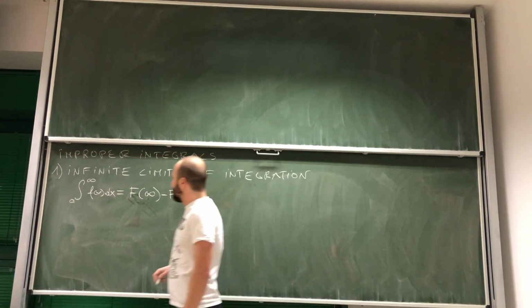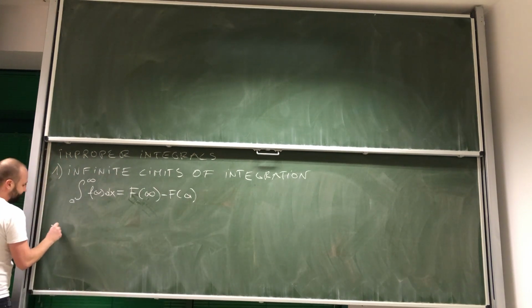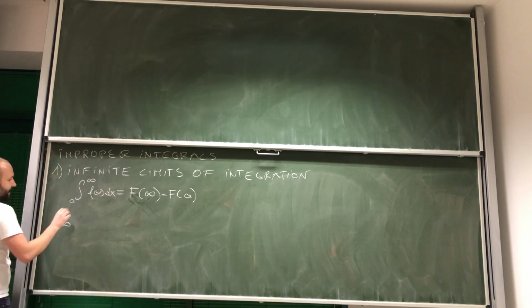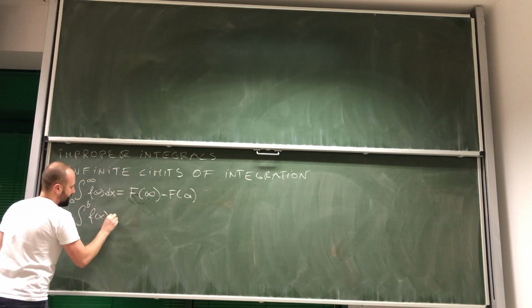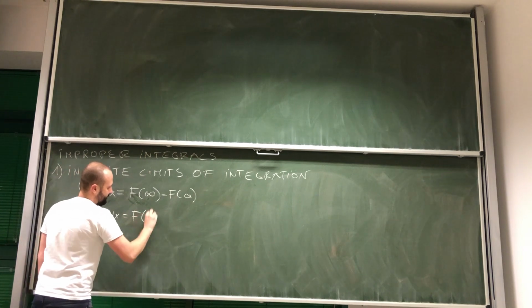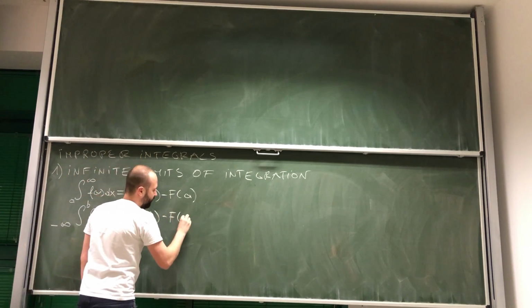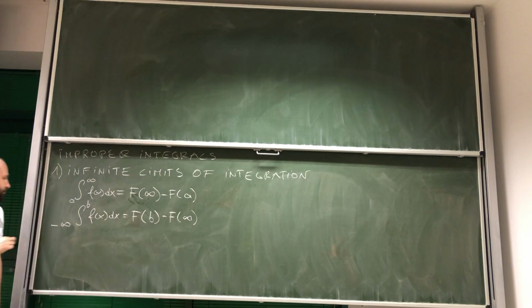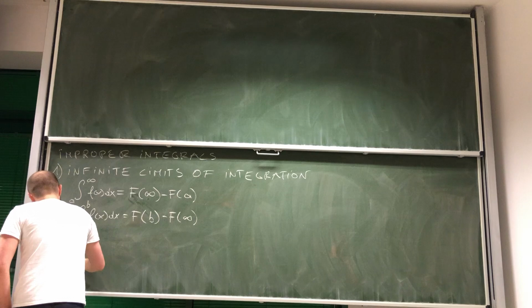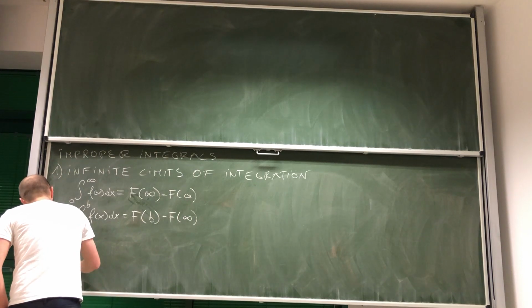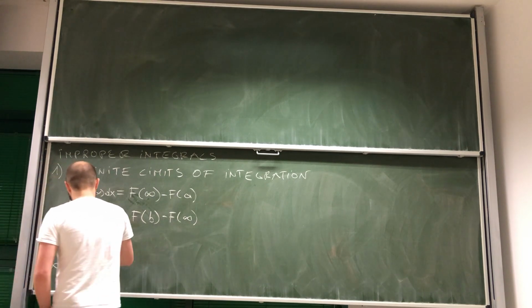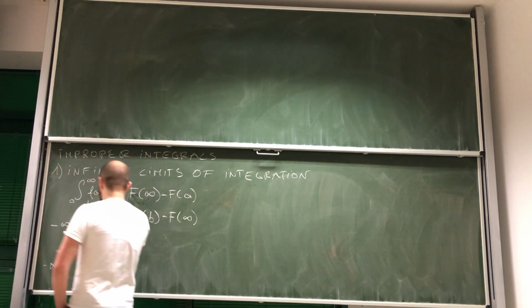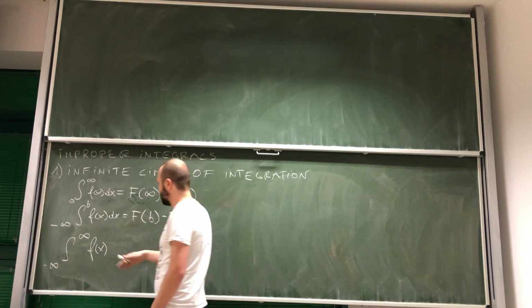But look, of course we can have a case where we have an integral from negative infinity to some b. And again, we are encountering the same problem. And finally, we can have a situation when we have an integral from negative infinity to infinity. This one you're going to do in statistics. Very important case.